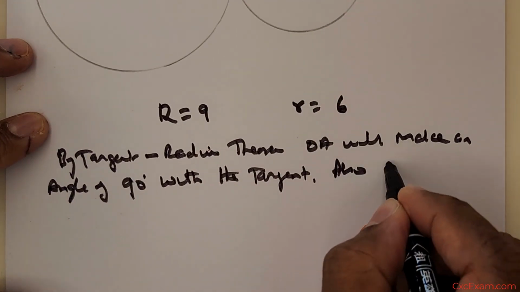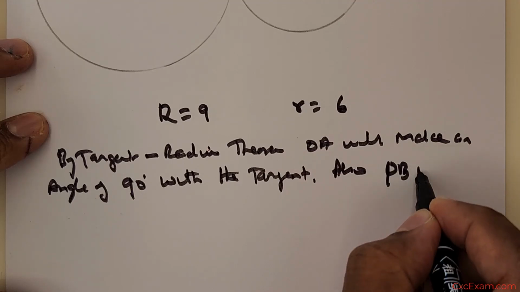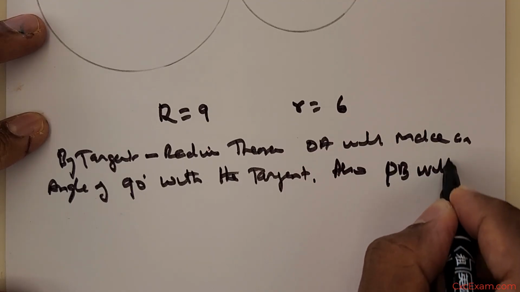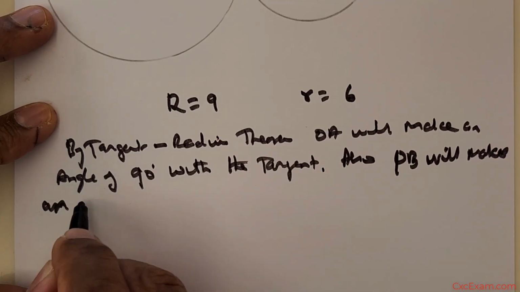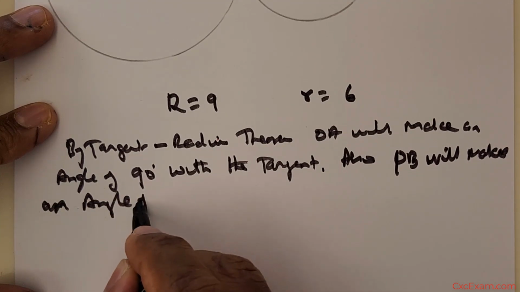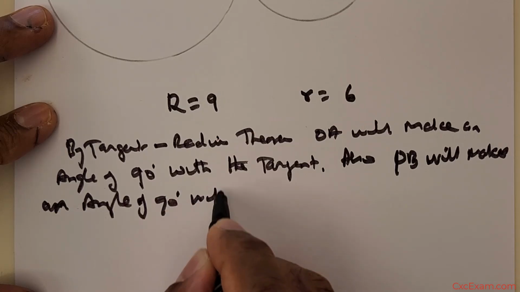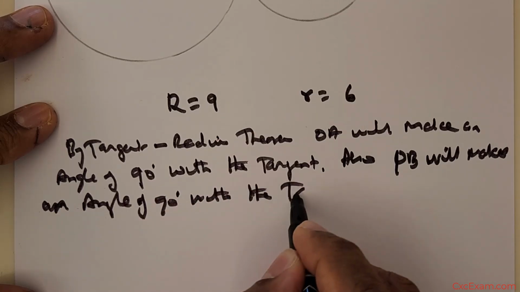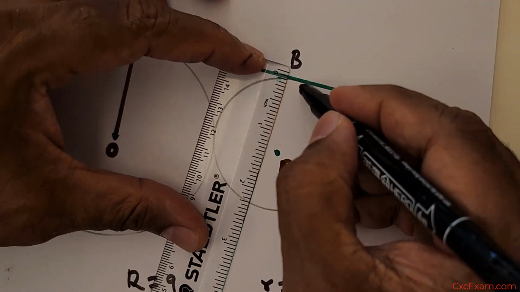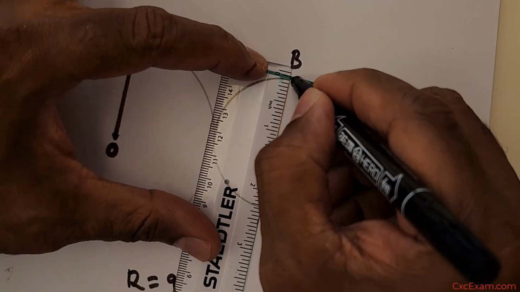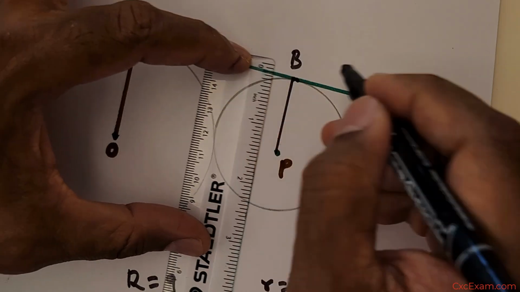Also, PB will make an angle of 90 degrees with the tangent. So you connect this, there is a 90 degree angle here.